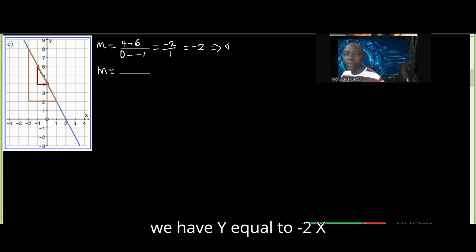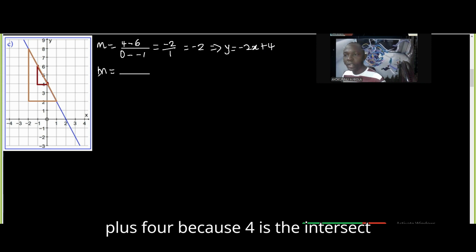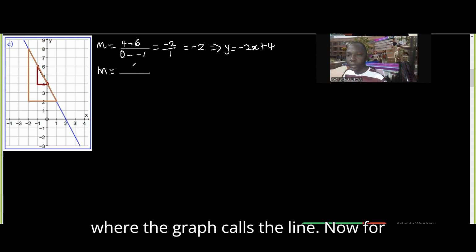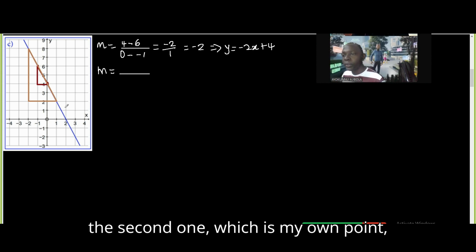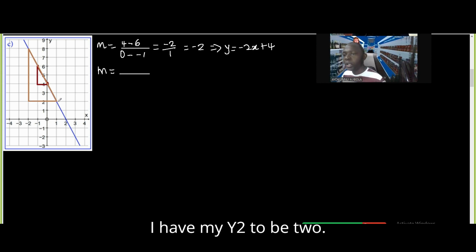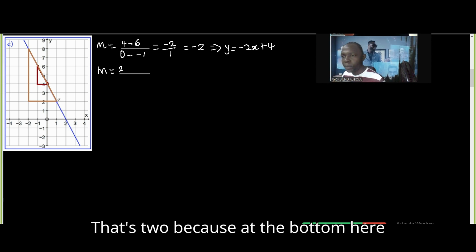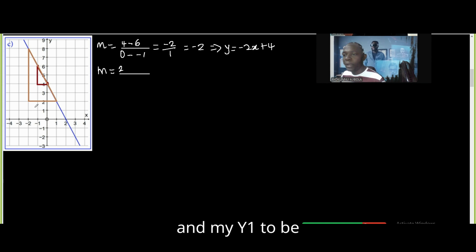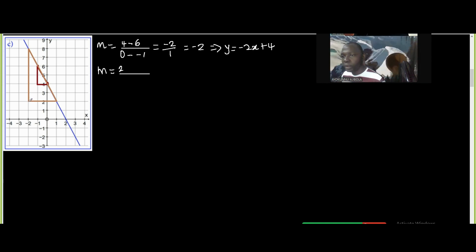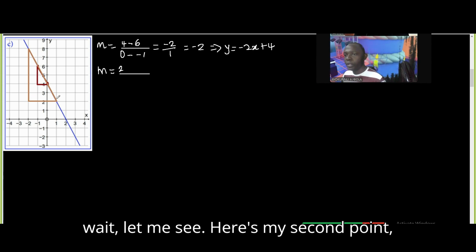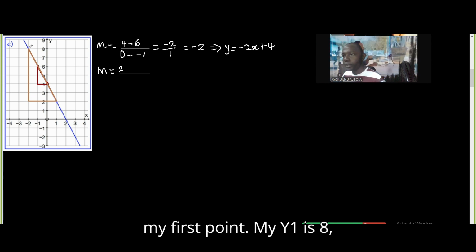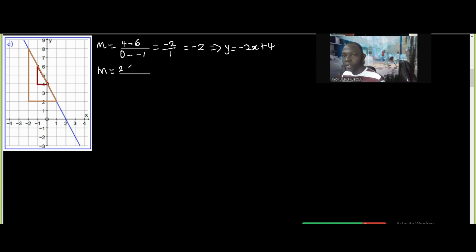Then we have y equals minus 2x plus 4, because 4 is the intercept where the graph cuts the line. Now for the second one, which is my own point, I have y2 to be 2, and my y1 is 8. So 2 minus 8.